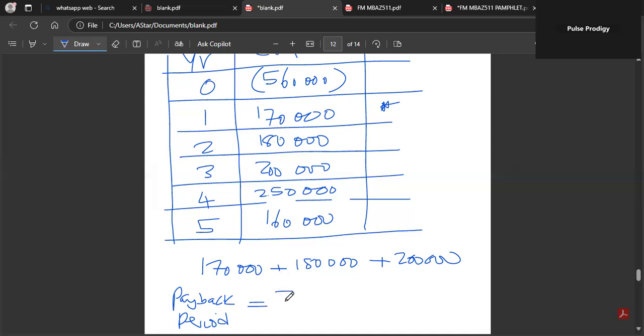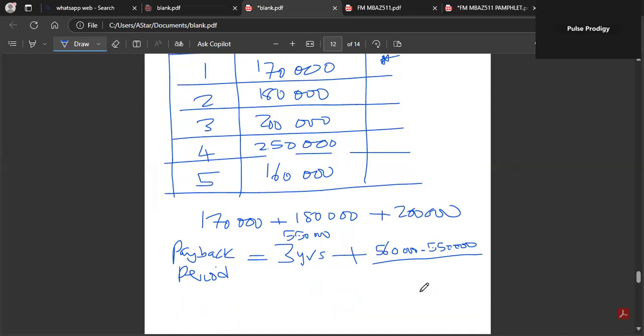Okay, so it will have the first 3 years, then plus how much is remaining. For 3 years, you are getting 550,000, right? Then it will be 560 minus 550, which will be recovered from where? The 250 also. Yes, we have 250.